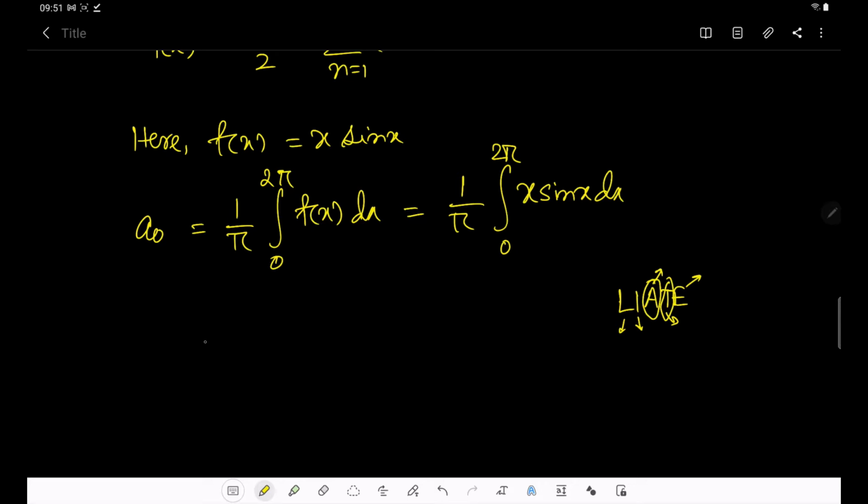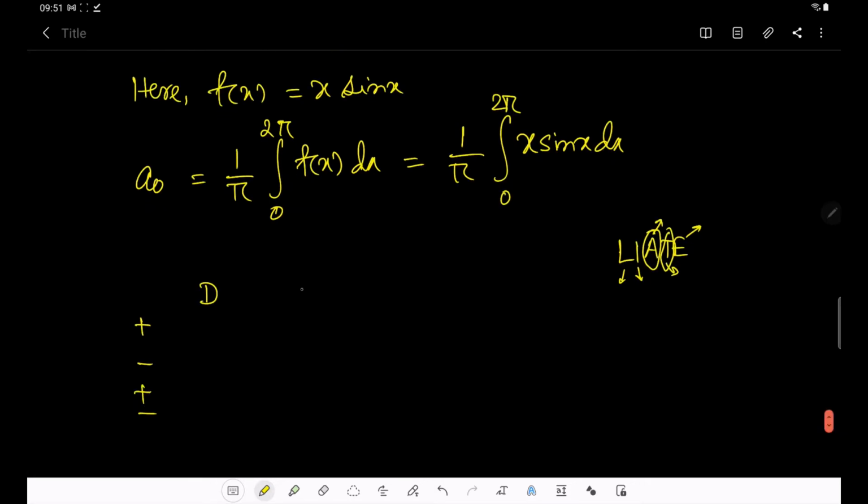So let's write D and I with signs plus, minus, plus. D is differentiation and I is integration. First write x and sin x. The algebraic function comes first, so I have written it under D, and the trigonometric function comes later under I, so sin x is there.